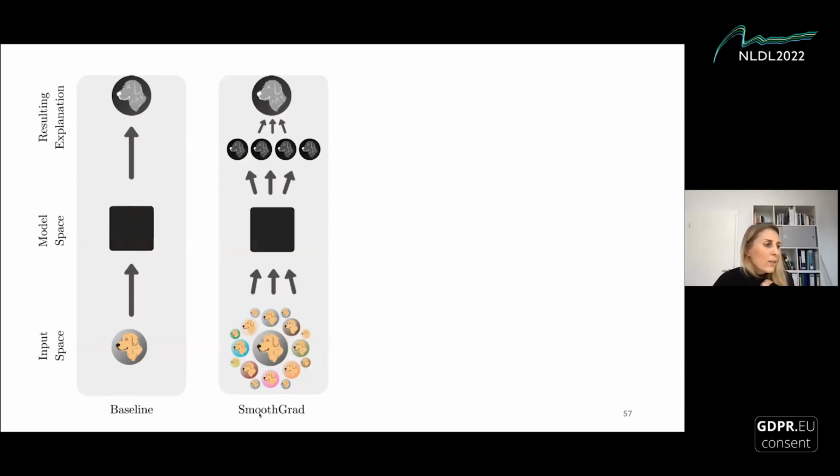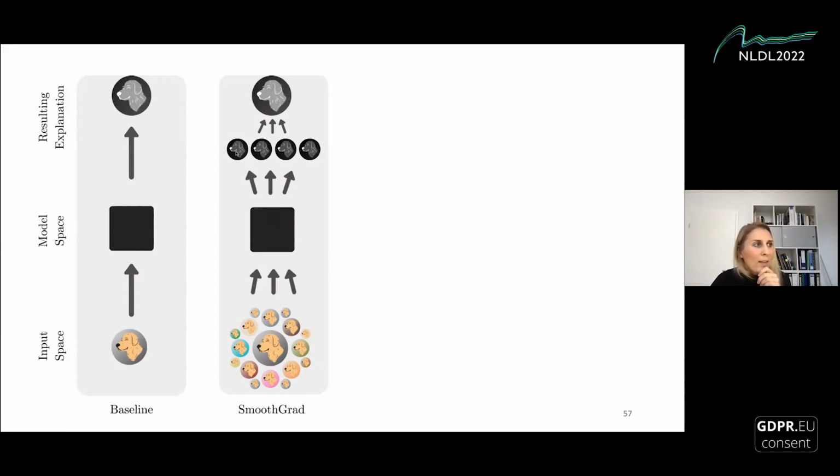And then there's a method called SmoothGrad developed by Been Kim. And what they do is they reduce this gradient shattering effect by adding more noise. Let's see how this works. So they have their input image and they just add some Gaussian noise, so some tiny noise to the input image, and then they feed all these noisy versions into the model.